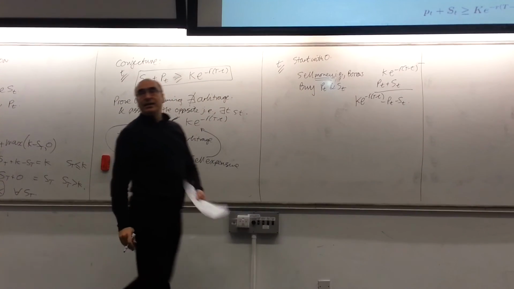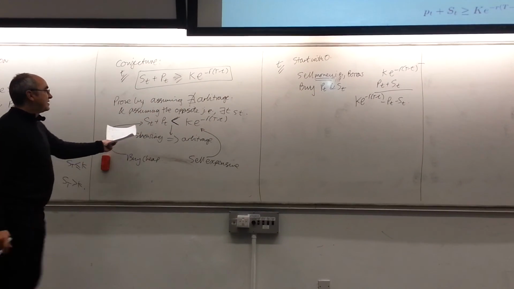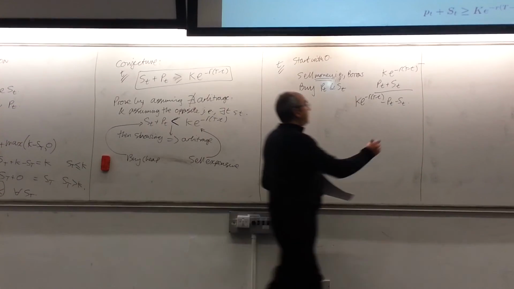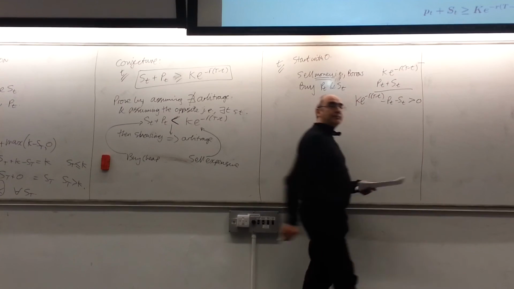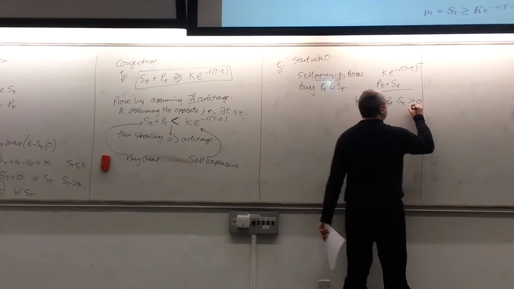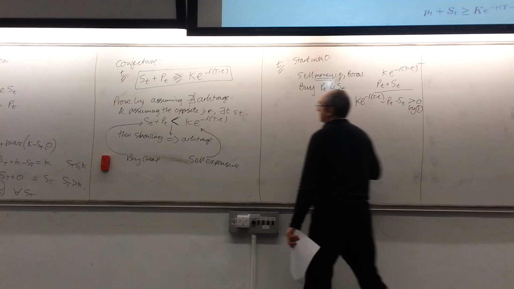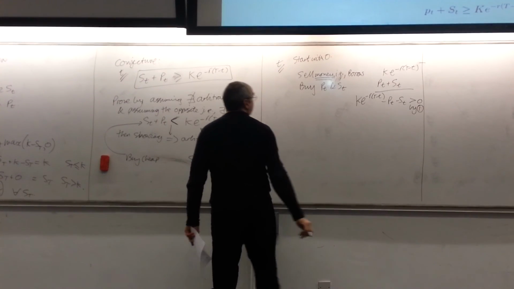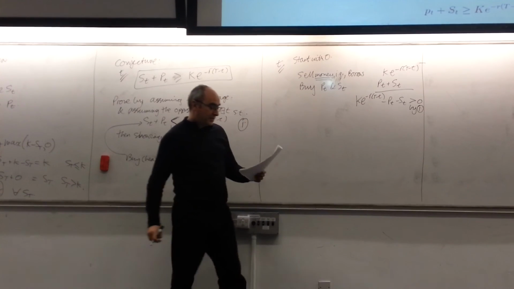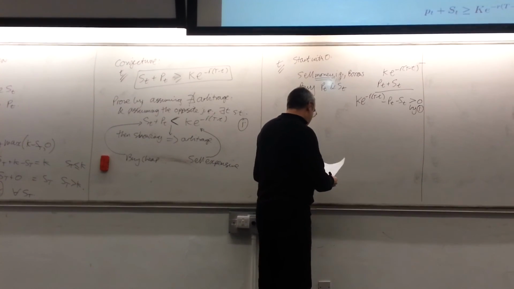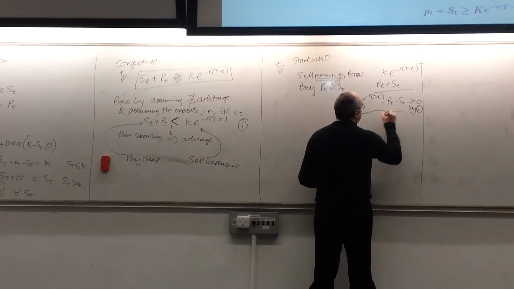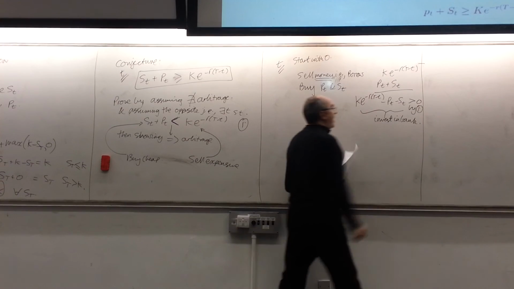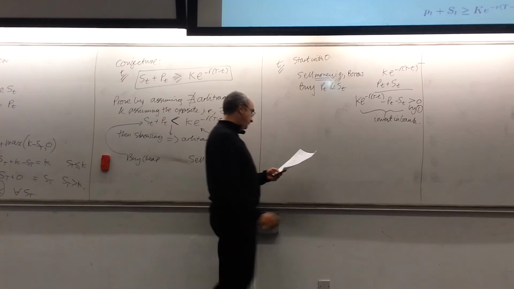So that's the money that I've got left, and because of this false assumption, this thing should be greater than 0. So by that, it's got to be greater than or equal to 0. So what I do with that is I put that money in the bank.